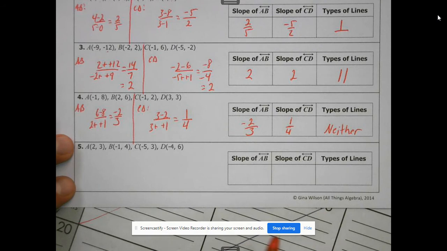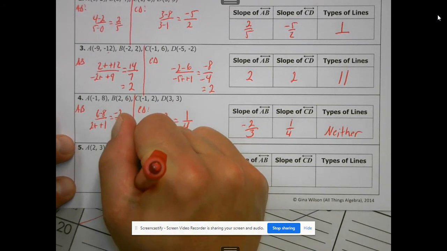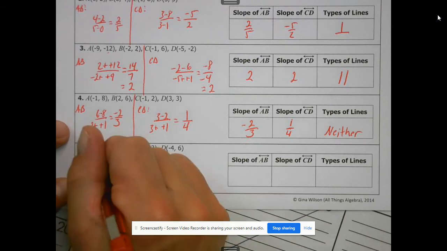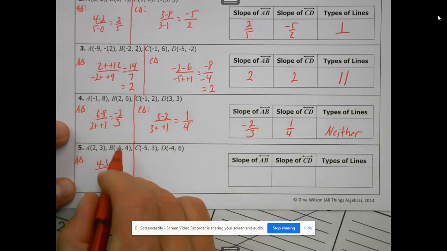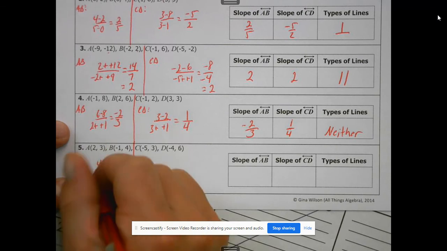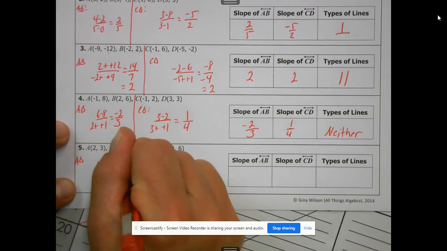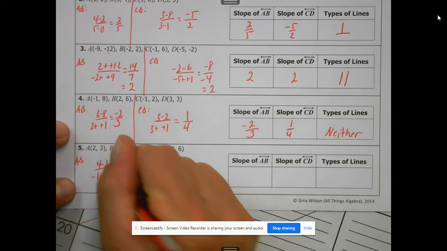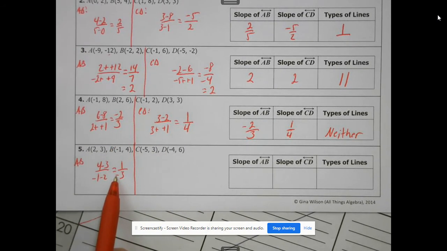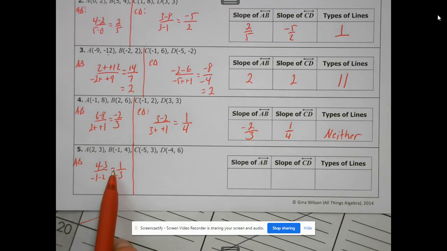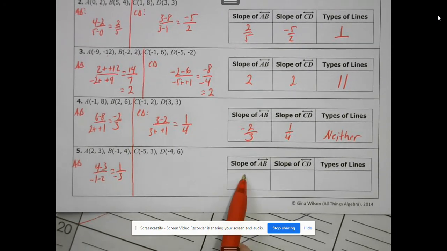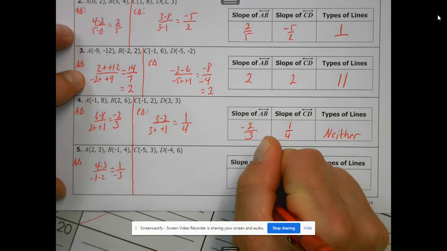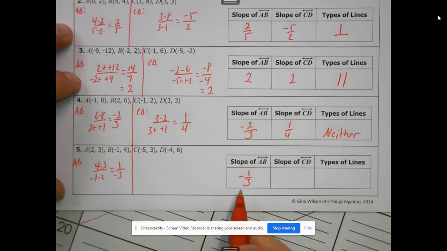Number 5. 4 minus 3 over -1 minus 2. Up top gives me a 1. Bottom gives me a -3. Now the negative sign can go down low, it can go in the middle, or you can put the negative up top and write the slope of AB. Typically, we just put the negative sign up top. It does not matter.